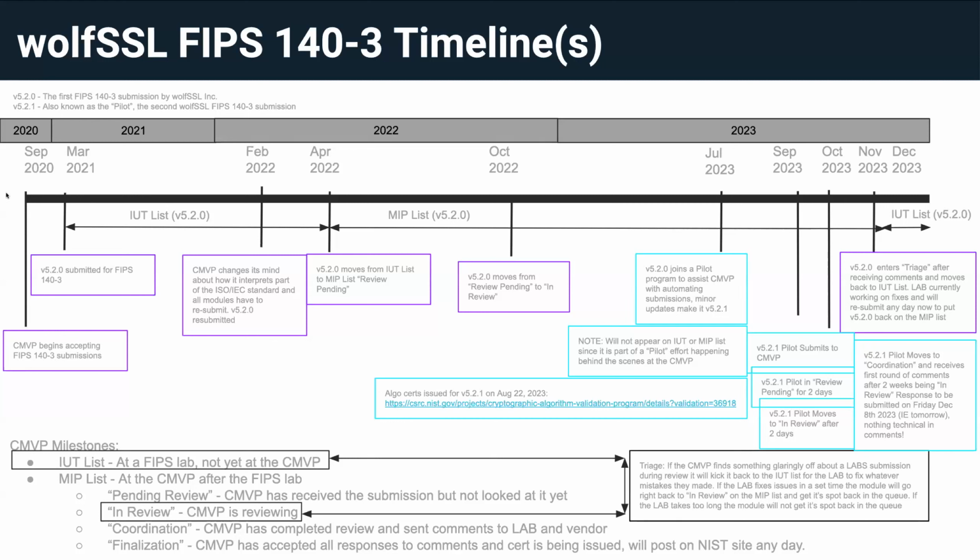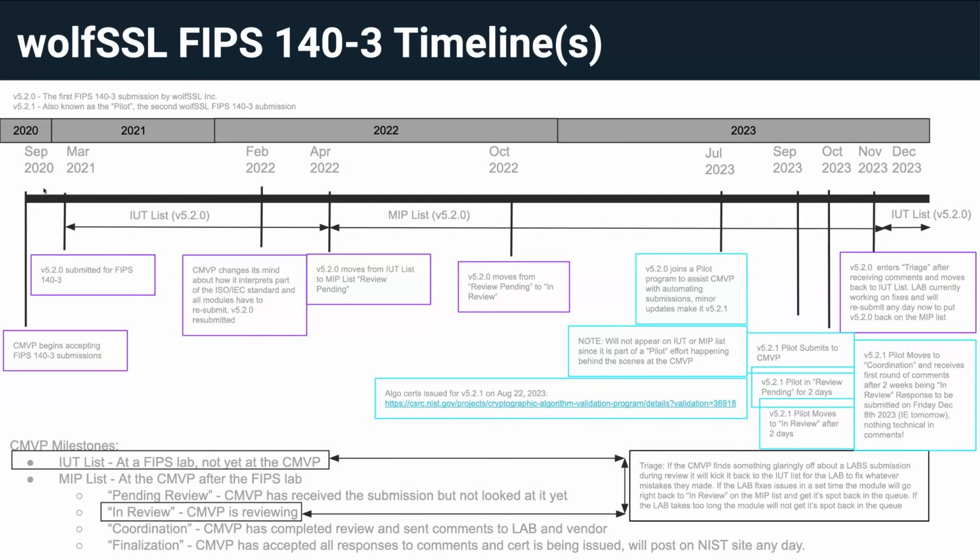Now, there were submissions happening prior to that September date. They were done through a pilot program. I believe Amazon and Apple were part of that pilot program. And those are the earliest FIPS 140-3 certificates that got cut late last year and the beginning of this year. Those were from the pilot submissions.